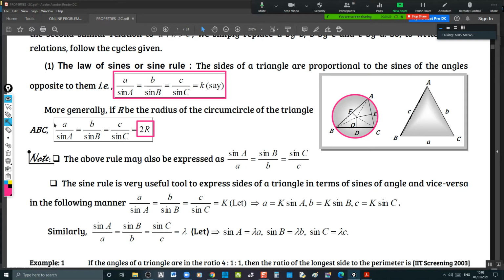The parameters that we use in properties of triangles: 2R is the circumdiameter of the circumcircle of the triangle ABC, 2 capital R. Okay, this one.